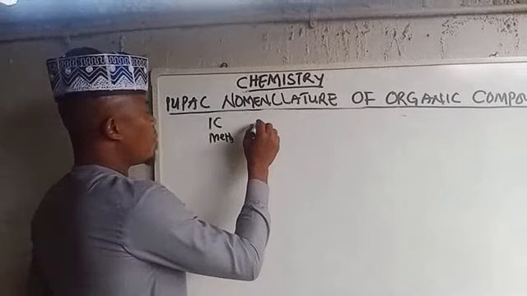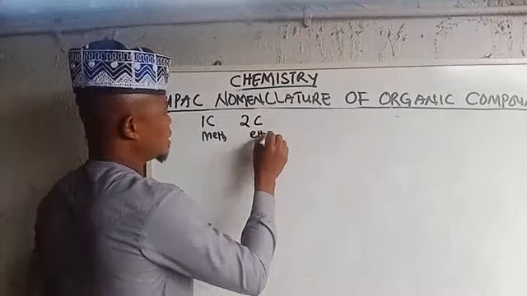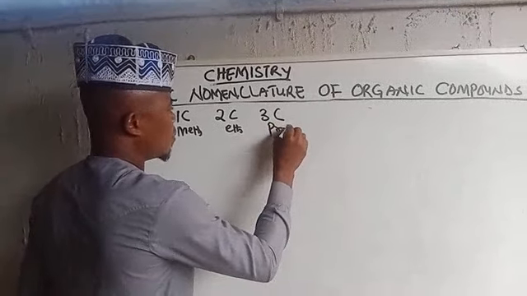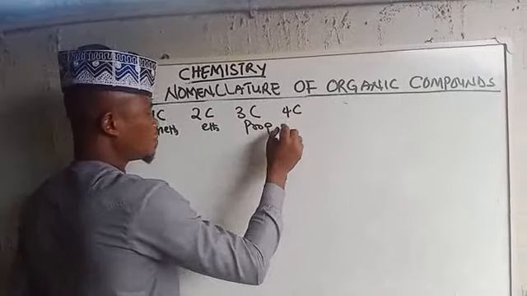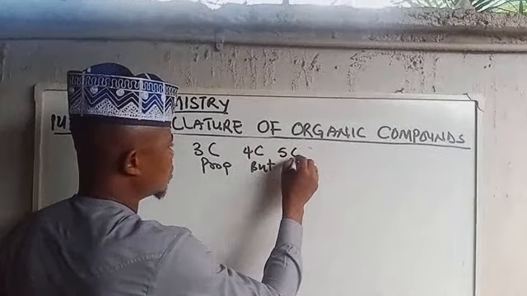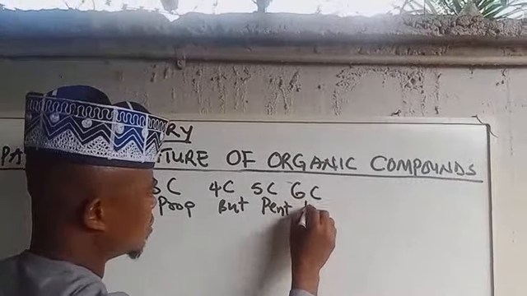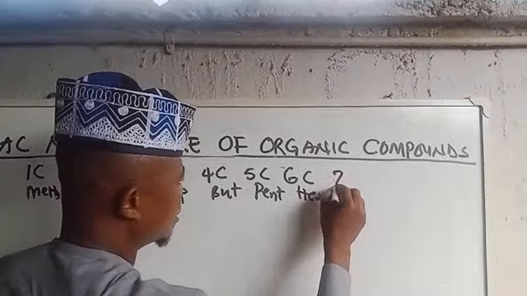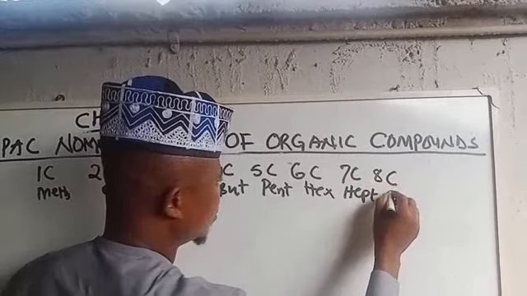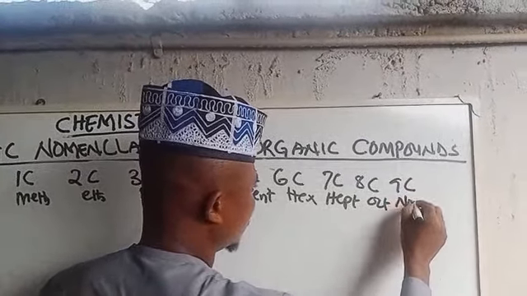A compound that has 2 carbon is et. 3 carbon, prop. 4 carbon, but. 5 carbon, pent. 6 carbon, hex. 7 carbon, hept. 8 carbon, oct. 9 carbon, non.